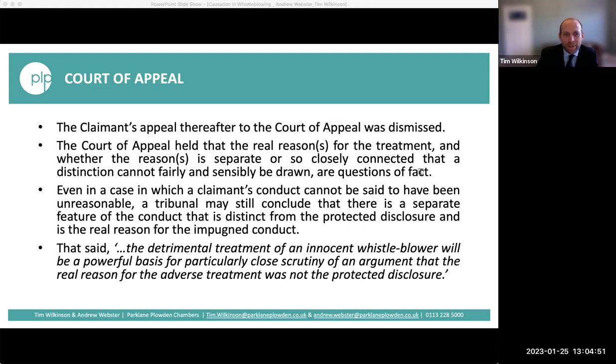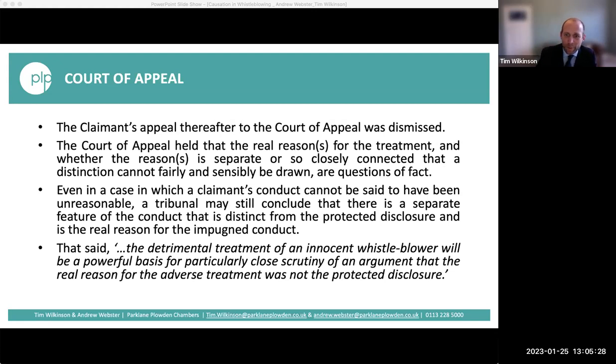Now, just finally on this, I said when I was discussing Devonshire that I'd come back to the phrase "wholly unreasonable". That's because in Kong, it was argued that if, say, the manner in which the disclosure is made is either not unreasonable at all, or is simply ordinary unreasonableness rather than wholly unreasonable, then the employer should not, as a matter of law, be able to separate out the disclosure from the manner of the disclosure.